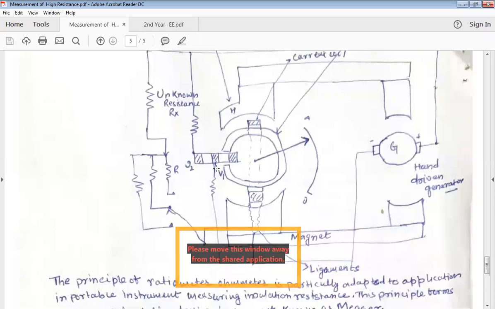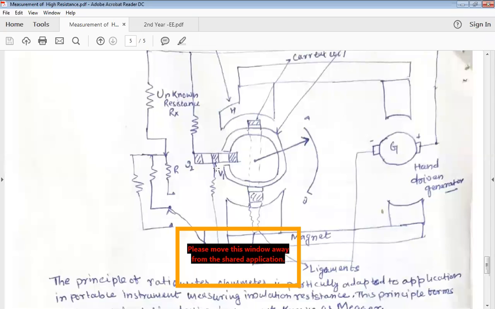So in the measurement of resistance, if you recall the previous classes, from the measurement point of view we classified resistance into three types: low resistance, medium resistance, and high resistance.